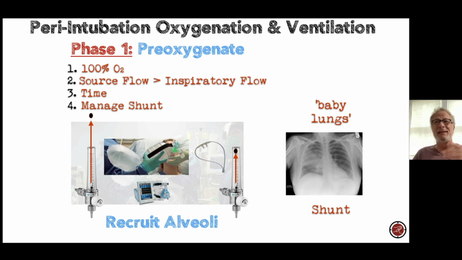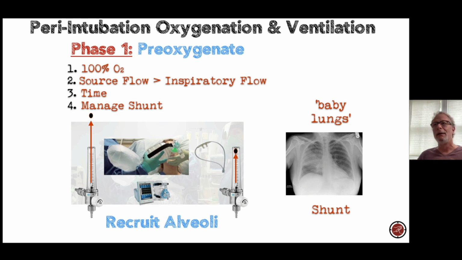Some of these patients that are really dyspneic and tachypneic will have flow rate needs during inspiration of between 30 and 60 liters per minute. So if you don't meet that, they're going to entrain room air and dilute the FiO2.